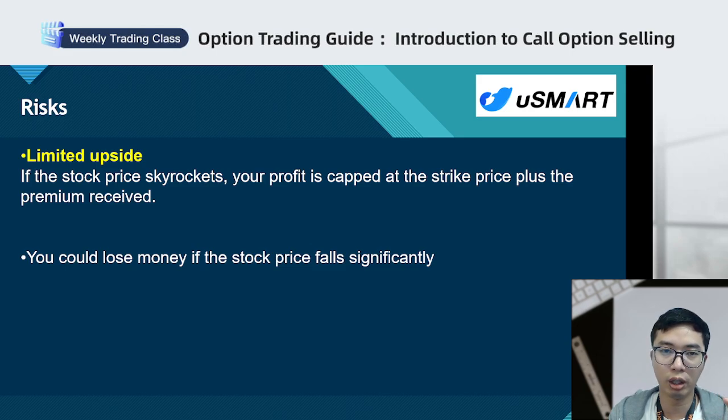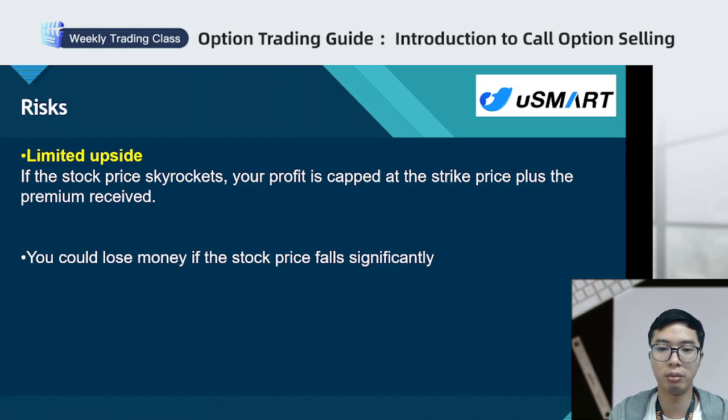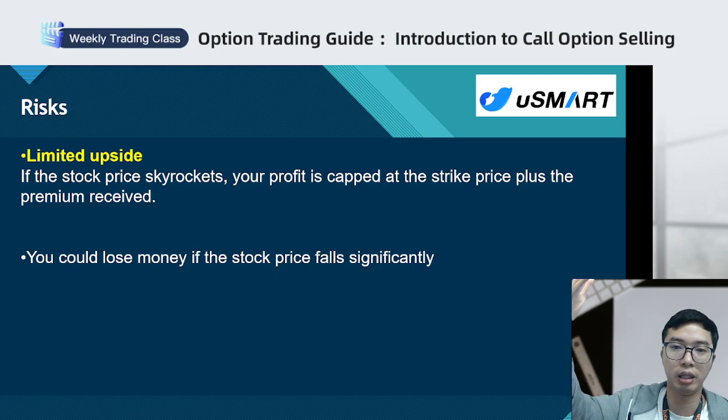For those who sell naked calls, they will lose a lot when the price goes the other way, up. When you sell a naked call and the price keeps going up, you will lose lots of money. However, when you sell a covered call, your risk is safe because you own the stock and just want to TP at it.